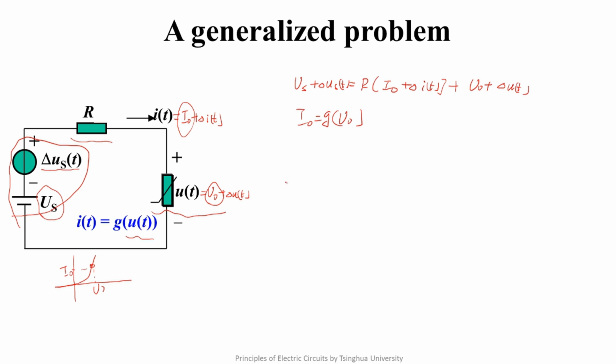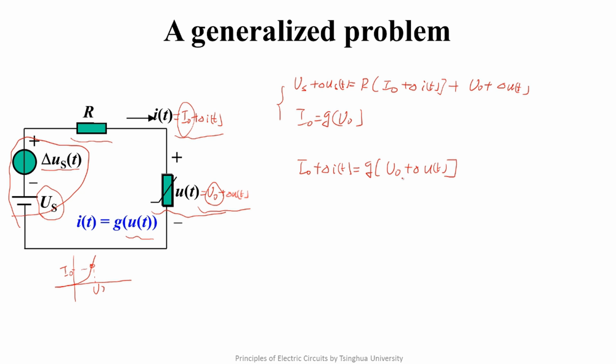For the nonlinear resistor, the voltage across it is U0 plus delta U, and the current flowing through it is I0 plus delta I. There is a nonlinear relationship between them. We write the nonlinear relationship, that is I0 plus delta IT equals G(U0 plus delta UT).